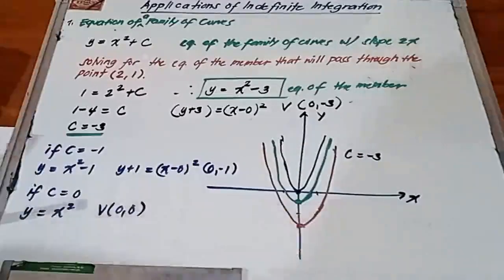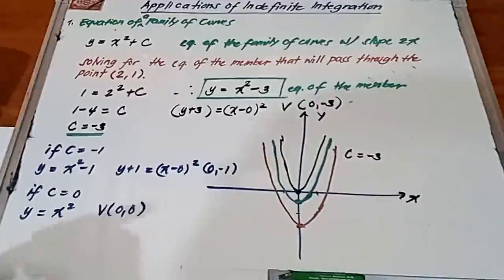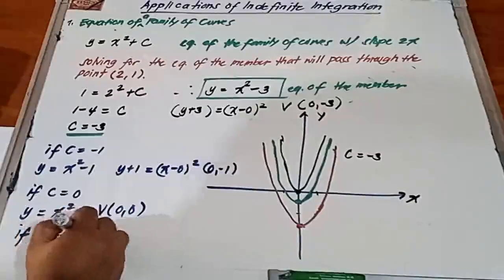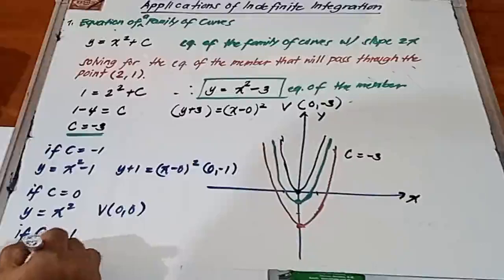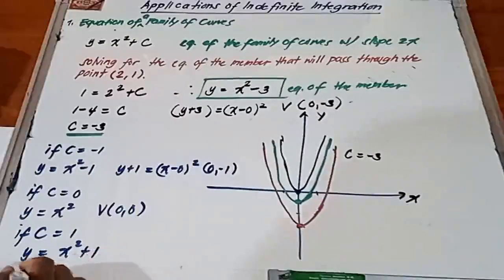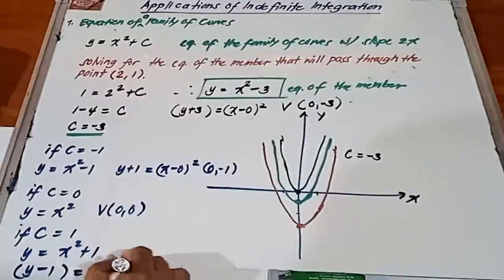Okay? How about if c equal to 1? If c equal to 1, the equation will become y equal to x squared plus 1, and the standard equation is y minus 1 equal to x minus 0 squared.